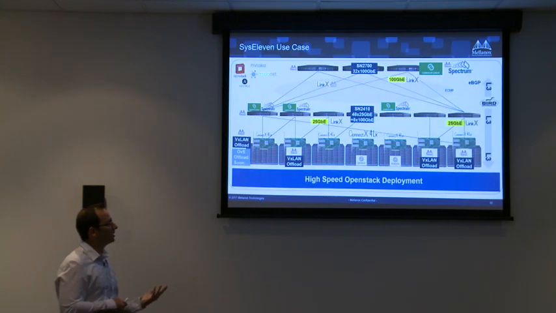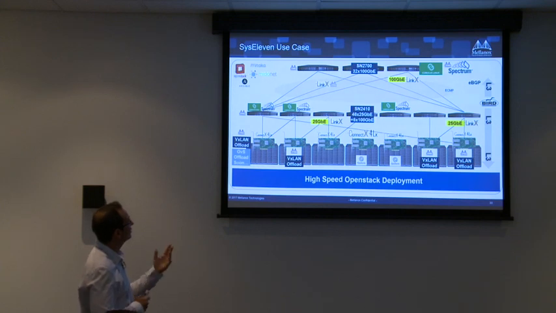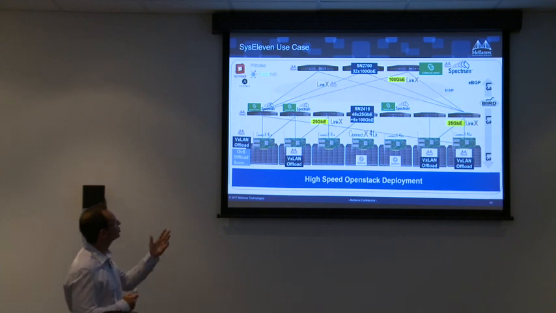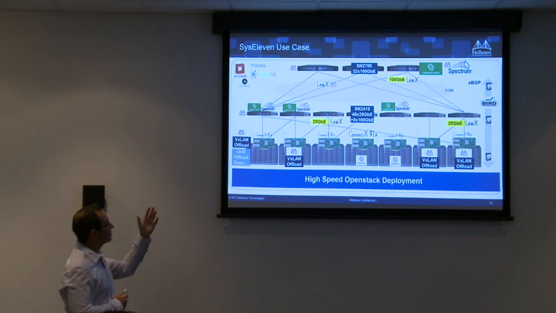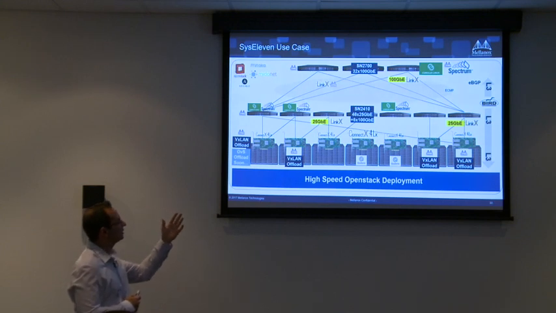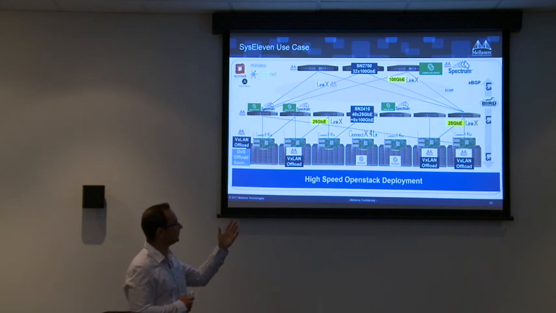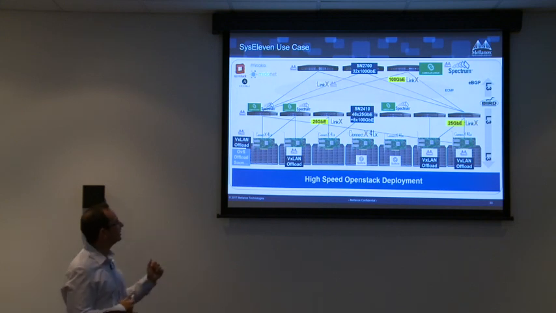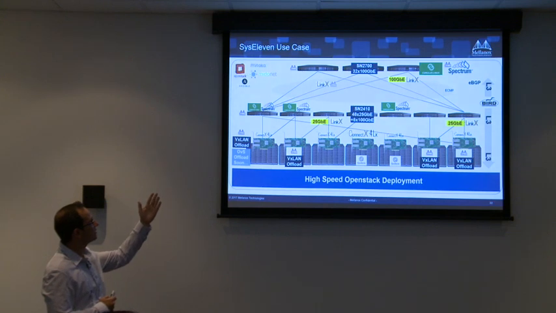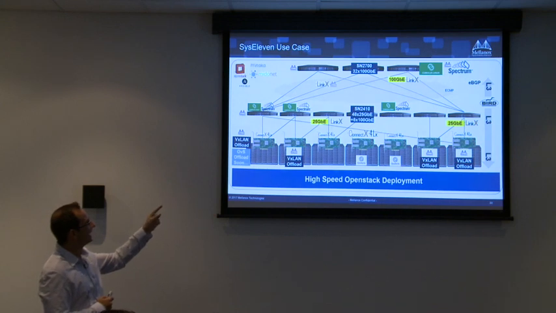I will finish with a use case that we have. This is a German company called Sys11, a very nice one. Basically, they are using our solution. They started in Mitaka with the actual deployment of this OpenStack public cloud. They are doing 2700 in spines, 2410 in top of racks, 25 gig to the server using ConnectX-4 and VXLAN offload and OVS offload soon.